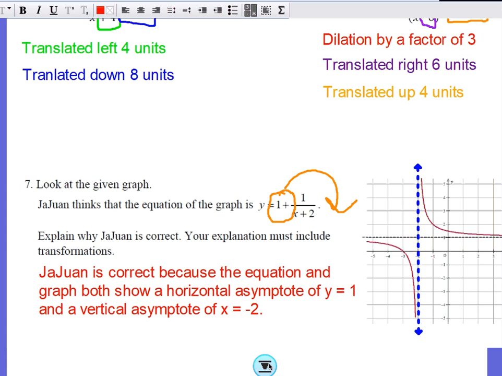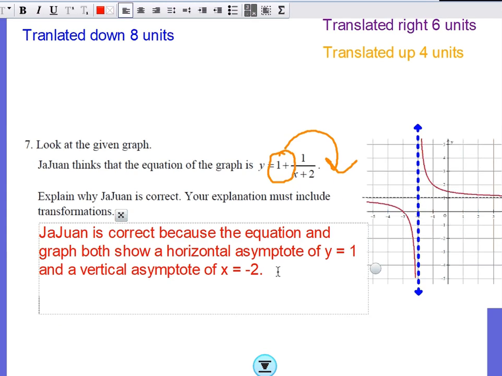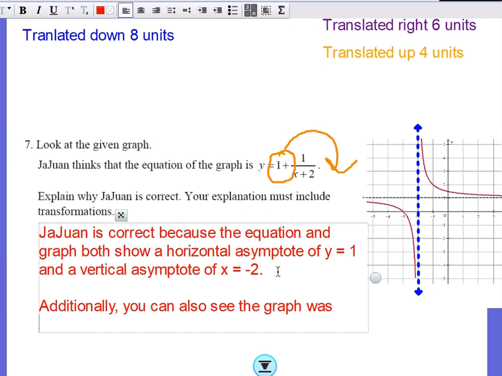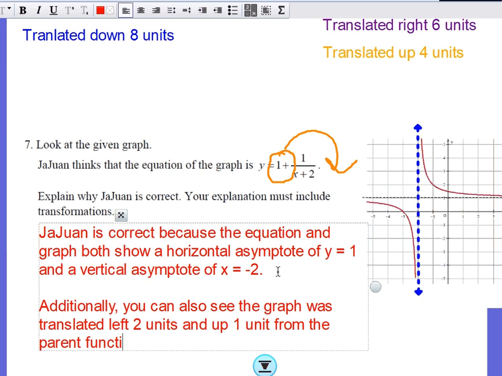You could also talk about, specifically for transformations, additionally, you can also see the graph was translated left 2 units and up 1 unit from the parent function 1 over x.